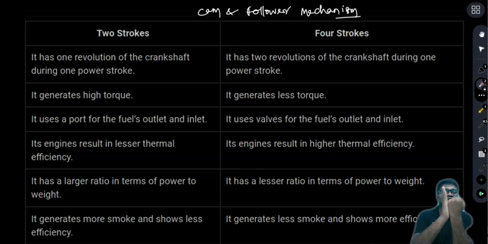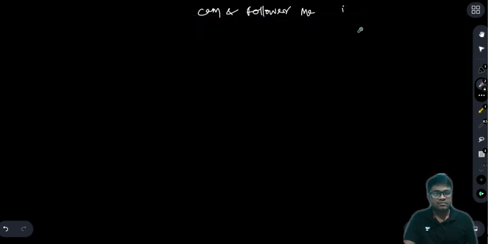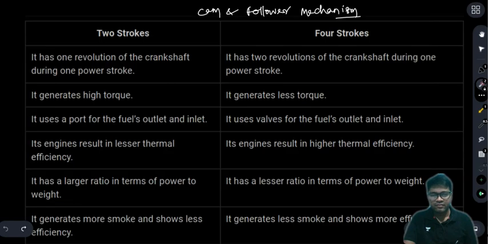And if this piston is moving down, then this port is open, right? So this is how the opening and closing of the ports happens in a two-stroke engine. And there is a special mechanism for opening the valves in a four-stroke engine, right? Hope I am clear.